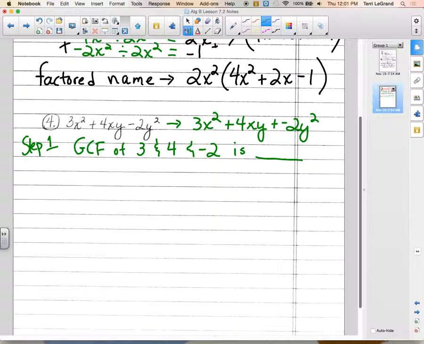What is that? 1. There isn't anything else that goes into all three of those numbers other than 1. So the GCF of the number parts is 1.